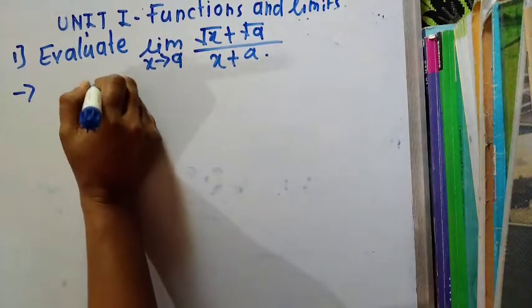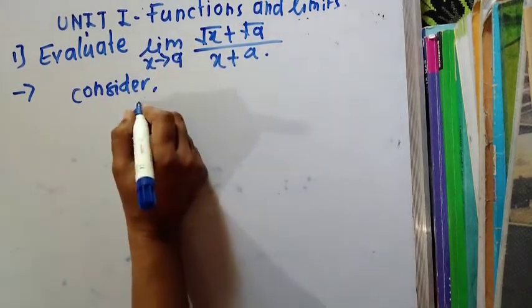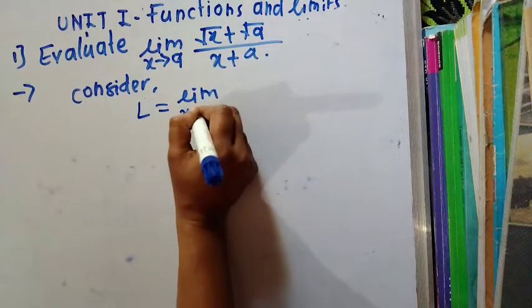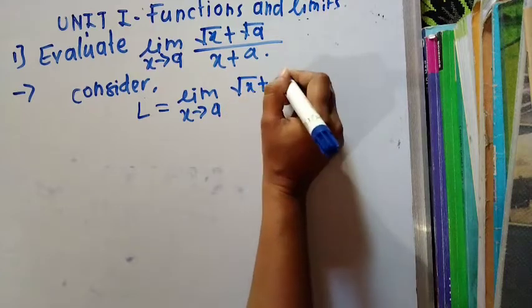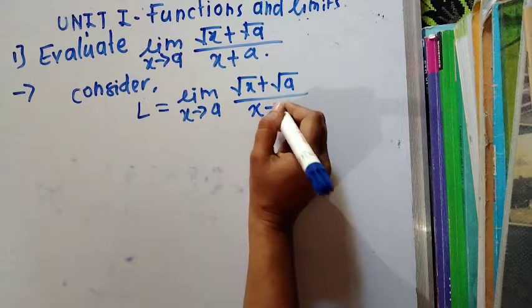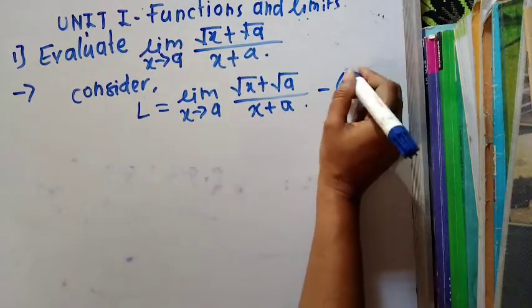First, consider this limit as L. So L is equal to limit x tends to a square root of x plus square root of a divided by x plus a. This is the first equation.